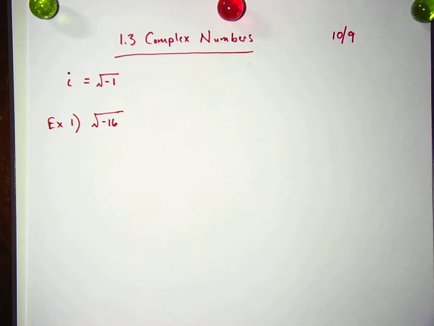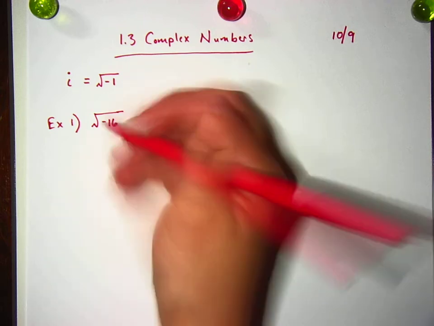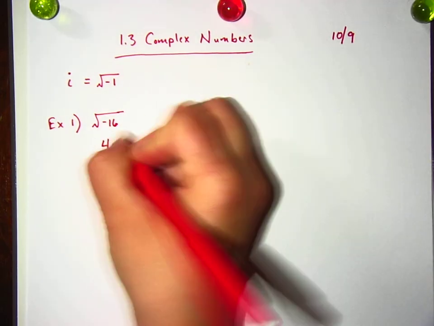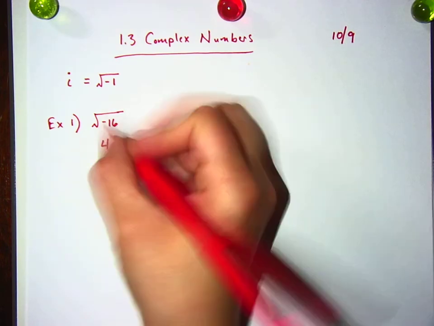Like if you take -4 times -4, that will be positive 16, and you can't just take one positive and one negative when you're doing a square root. It has to be the same thing twice. So that's when we do an i. So the answer to this problem would be 4i to show that there was a negative under that square root.